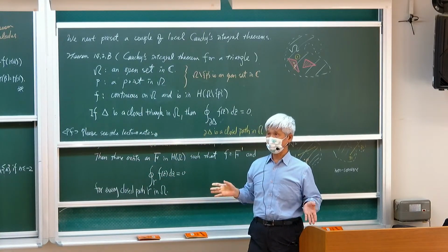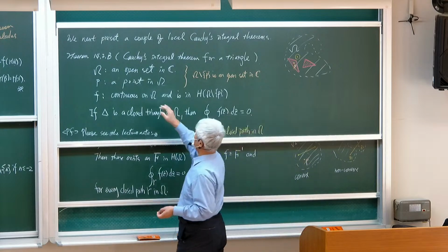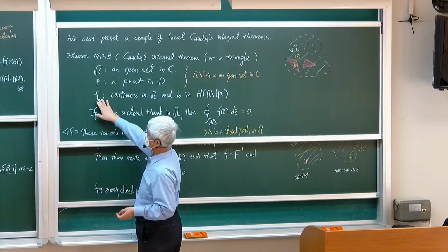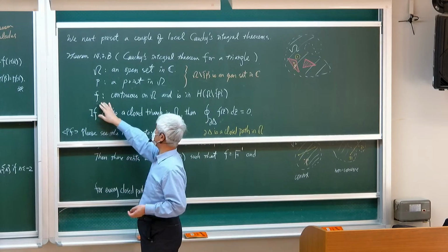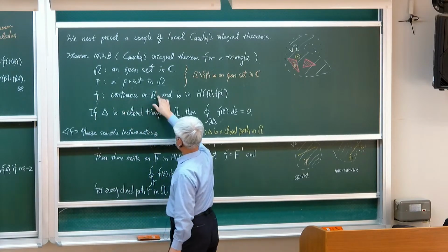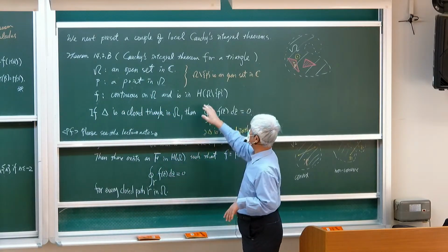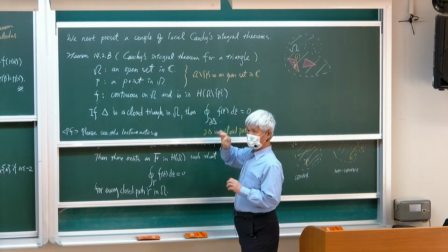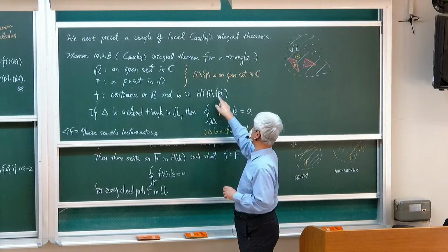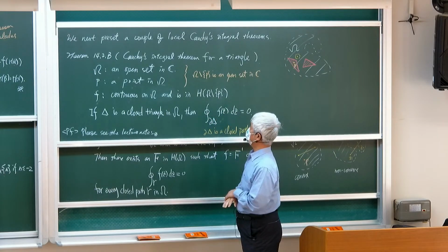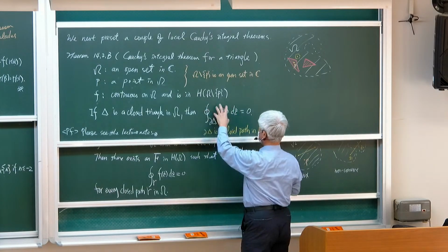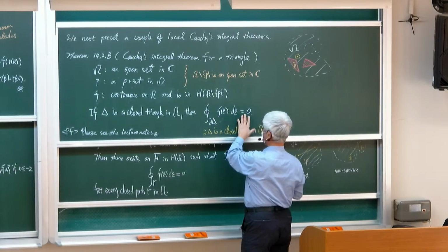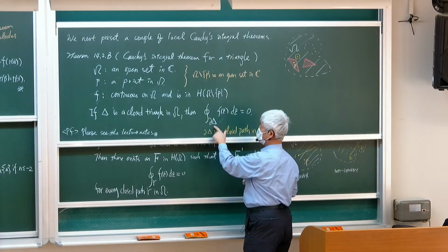And P is a point. And the complex function F is continuous on omega, and also analytic at every point in omega except a point P here. And then this line integral can be 0 only for what?